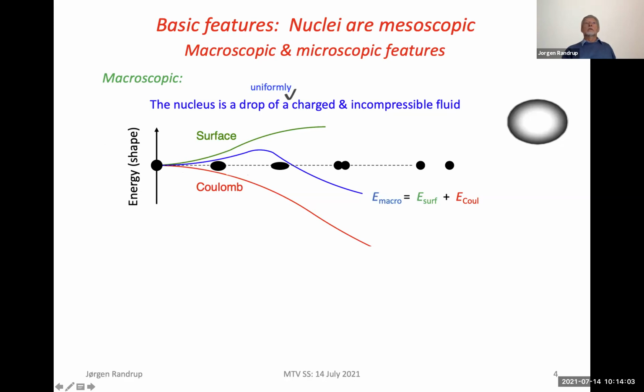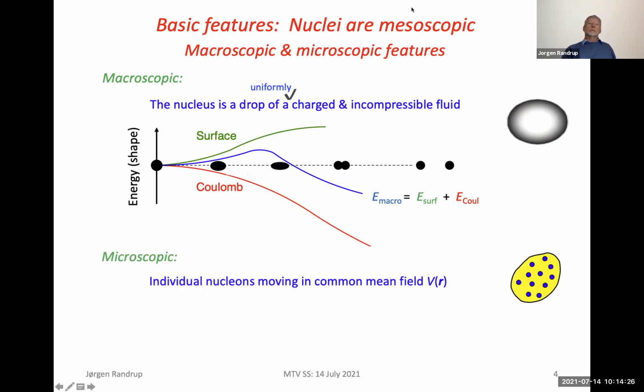So you have a minimum here. This is what holds normal nuclei together. But there's also a top here, a barrier, the so-called fission barrier. And if you can get beyond that, it goes down. This already explains why heavy nuclei, or any nucleus perhaps, or at least many nuclei would like to fission.